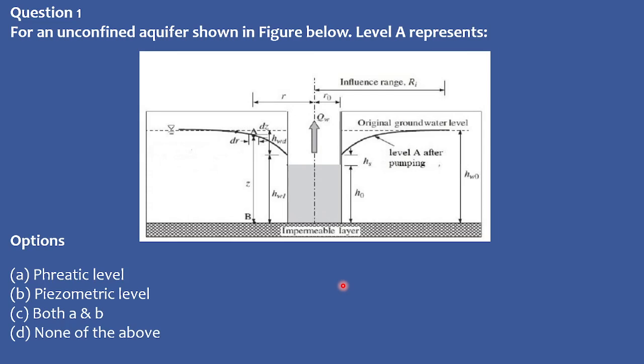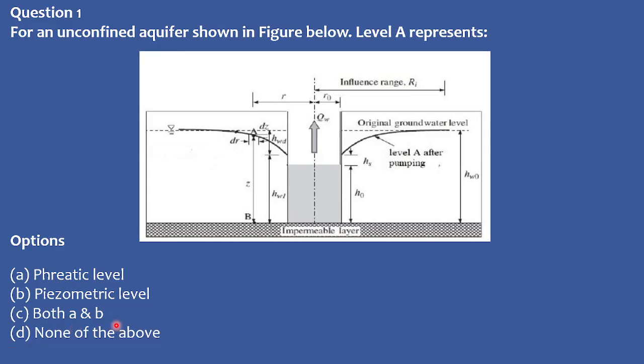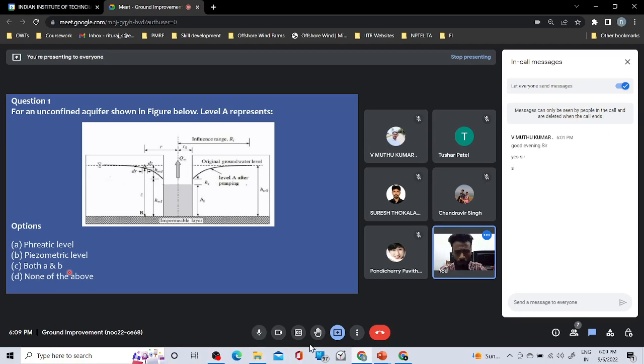In this, you need to identify level A. What level does it represent: phreatic level, piezometric level, both A and B, or none of the above? You can keep your answer in the chat box, or you can unmute yourself and answer, but it is better to keep it in the chat box.